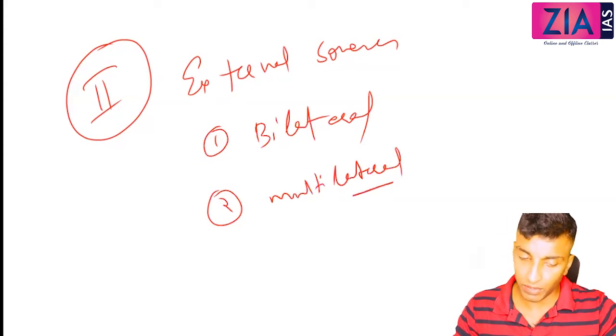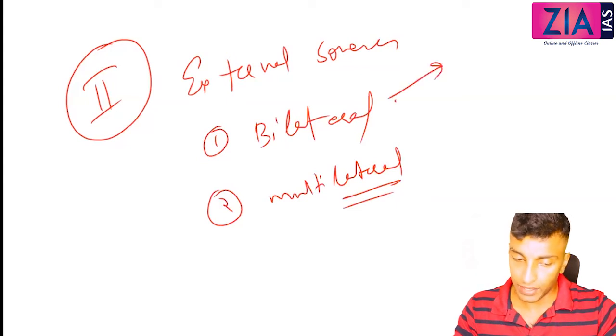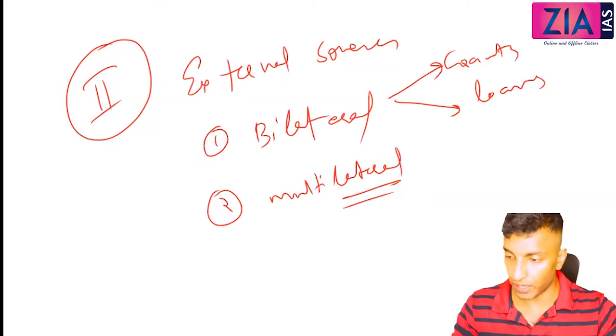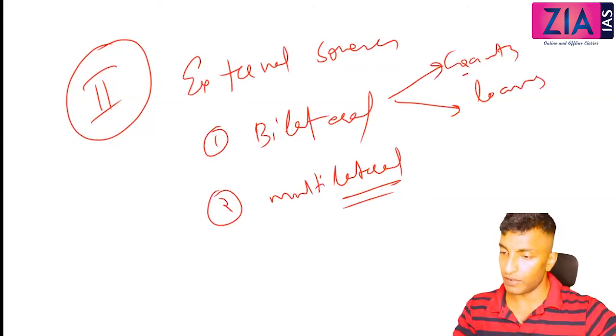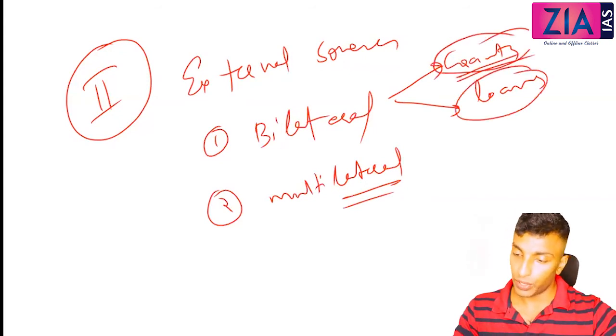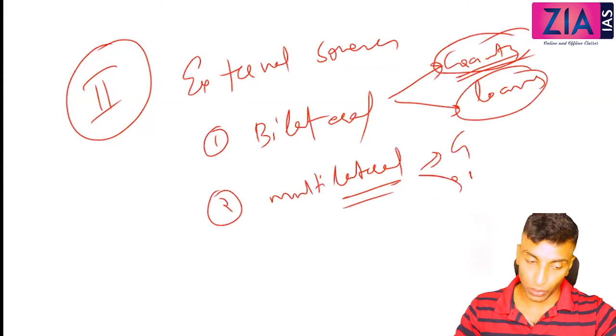Multilateral means like World Bank, IMF, etc. Bilateral is between countries. So bilateral, again it can be grants, loans. What is the difference between grants and loans? You should be knowing this by now. Grants are something which is given free of cost, you don't have to return back. Loans you have to return back. So here also grants and loans.